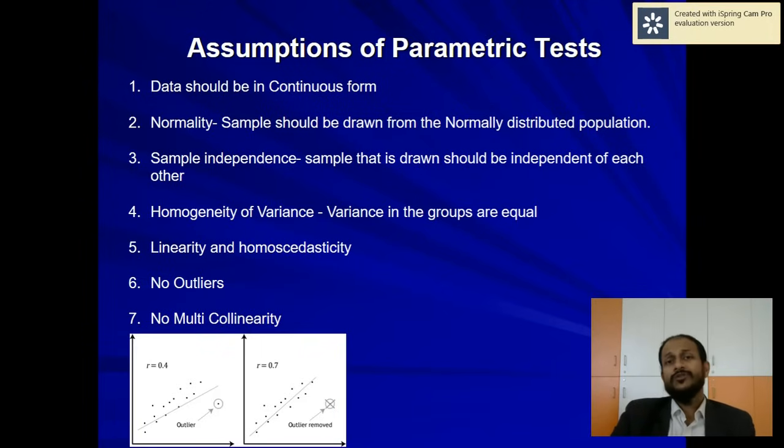Now, when it comes to outliers, outlier is another concept which comes under the sixth assumption of parametric tests, which is also equally important. Say for example, if I am interested in calculating the average income of Mumbai, for me Mukesh Ambani would be the outlier. So it depends upon what kind of test you are performing and what the objective of your research is. But usually we tend to remove the outliers.